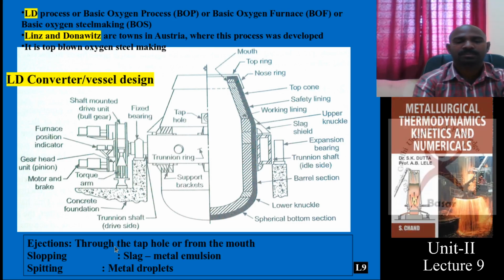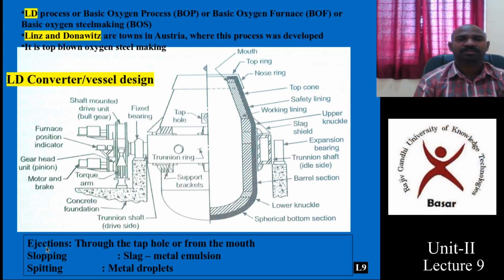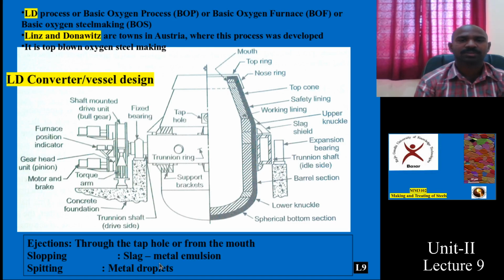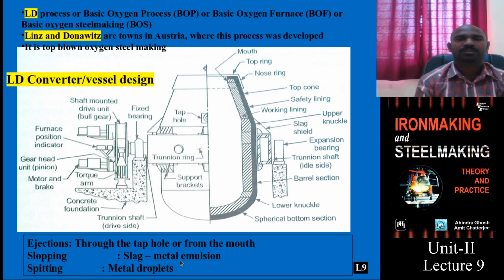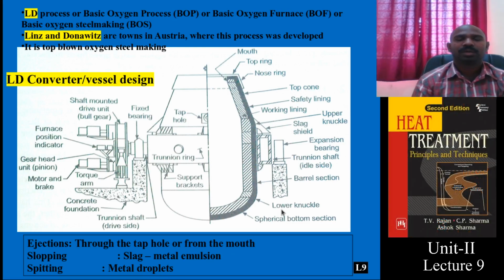Through the tap hole you eject either the slag or the molten metal. When you slope, there is a chance of slag and metal mixing together. When the molten steel is completely taken out, a few drops of metal will fall, so that is the spitting stage.